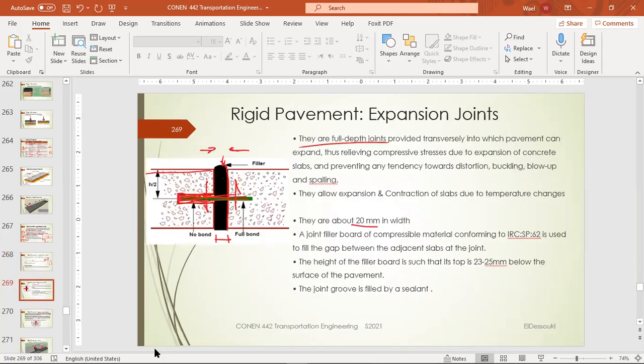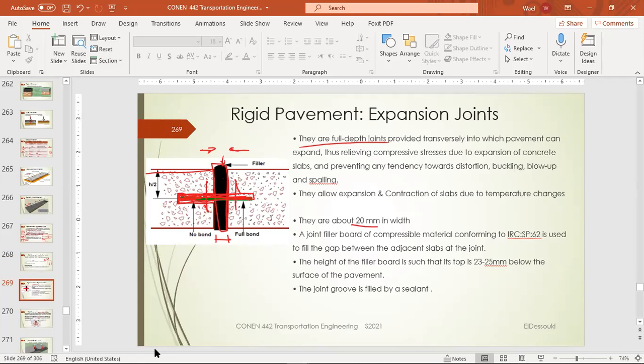There is the third joint, which is basically the expansion joint. This is different from the other joints, and usually we stop the concrete with a barrier here. We put a barrier, but before this we put a dowel. Then we pour our concrete and finish this part.